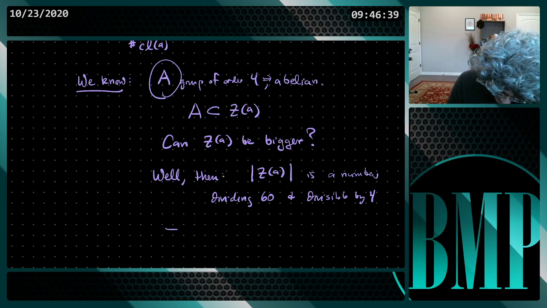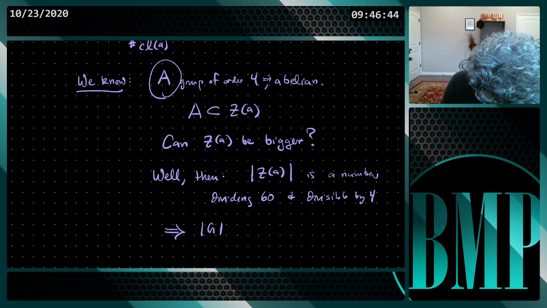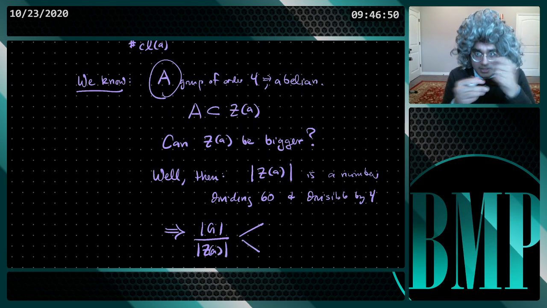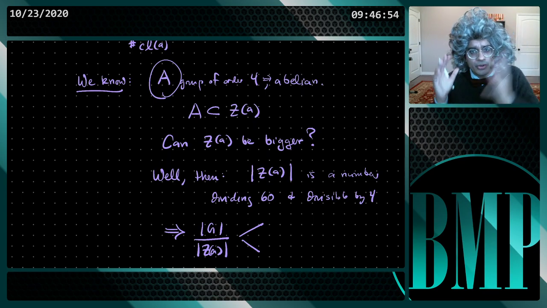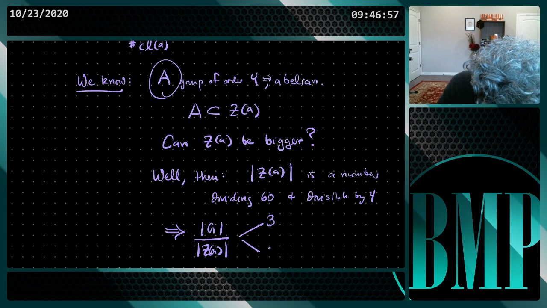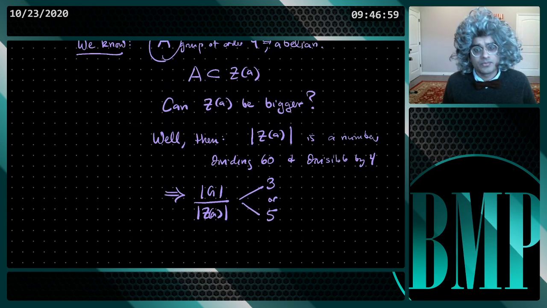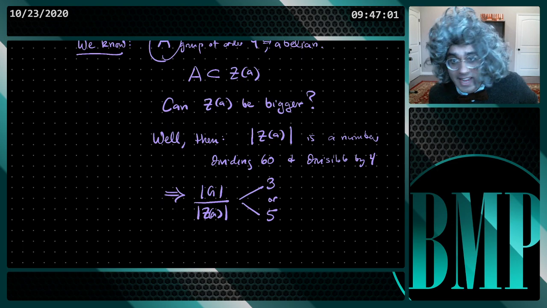You get that the conjugacy class size is either 5 or 3. Now we know it can't be 3.